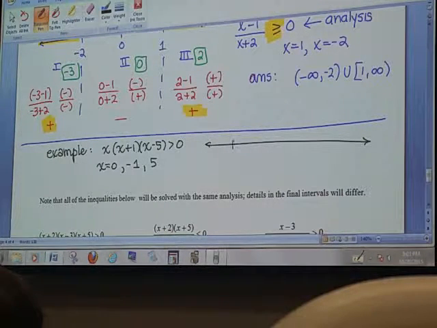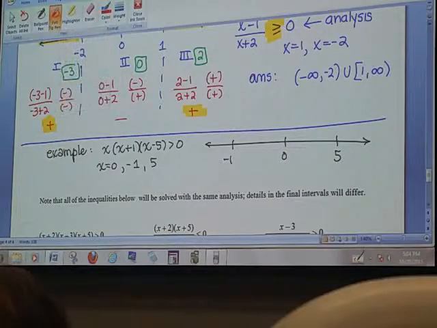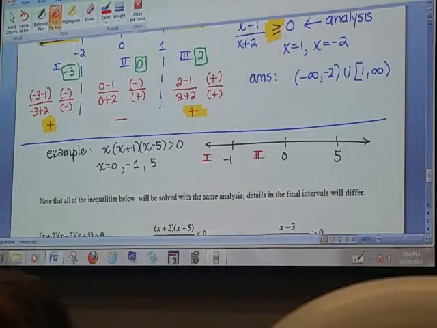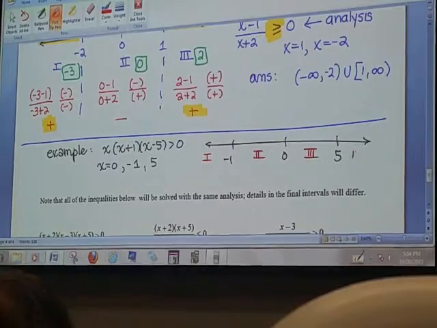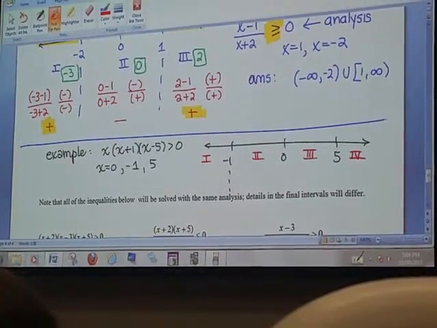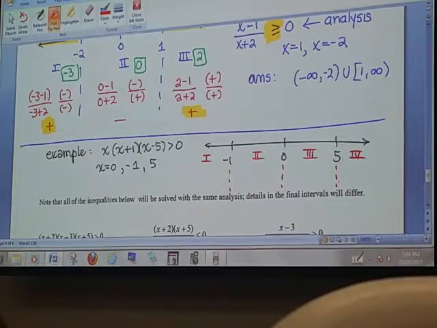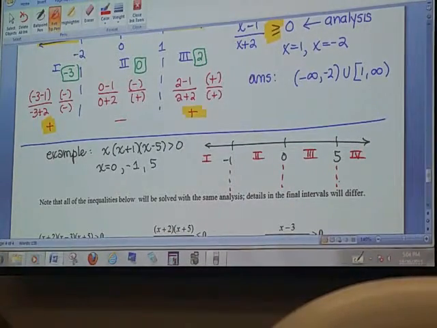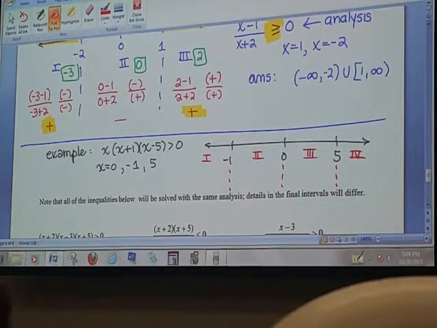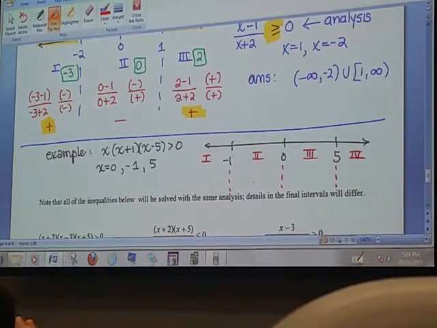So you would have -1, 0, and 5. And you would have more regions also. You would have 1, 2, 3. And you couldn't pick 0 because it's on the edge. So you pick like -1 and 1 in those two different regions. Or actually -1 is there too, so that would be more like minus a half. But usually you can pick, you know.